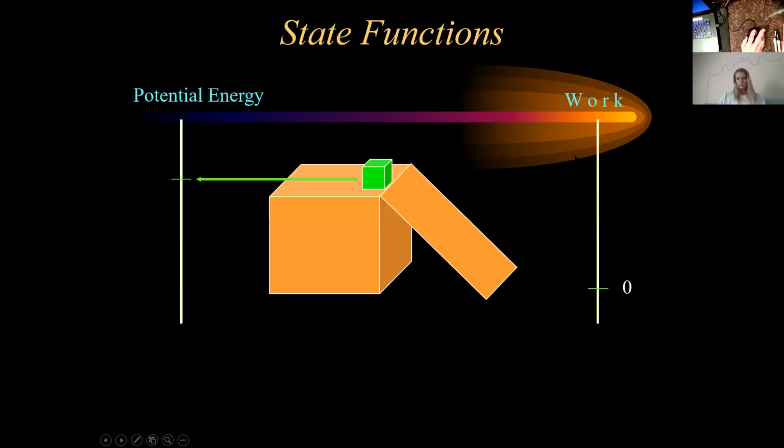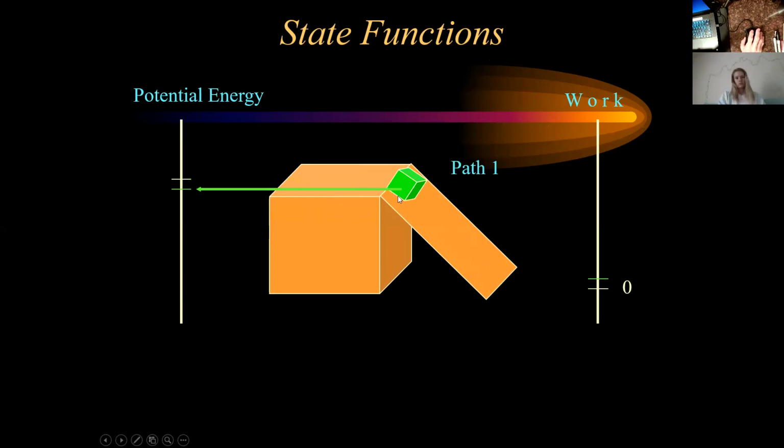All right, so now here's an illustration of what we're talking about. I've got my little green box or my coffee cup sitting on top of a little orange box on my desktop. And I imagine there is a ramp going from the top to the floor, and I can imagine pushing that object off the ramp.